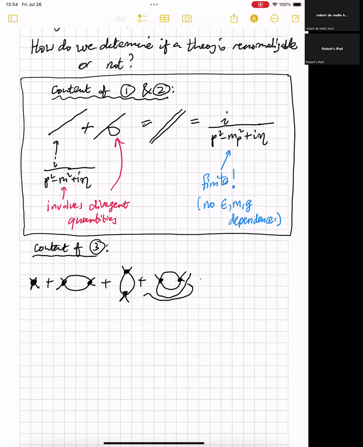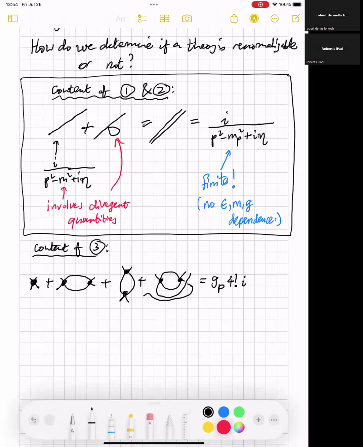And this was equal to g physical times 4 factorial i. Once again, on this side of the equation, you have divergences. So it's divergent. And things depend on epsilon, m, and g.